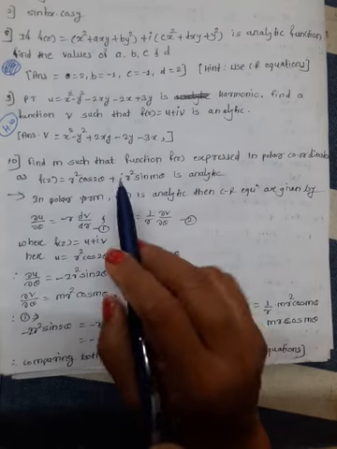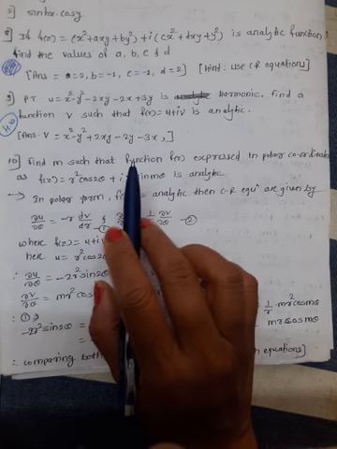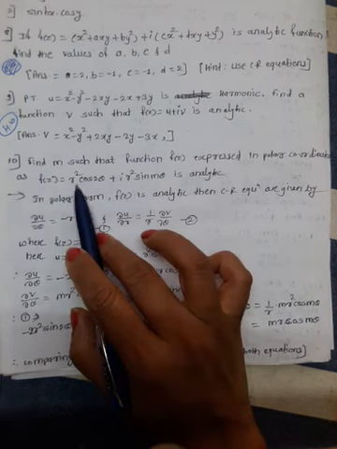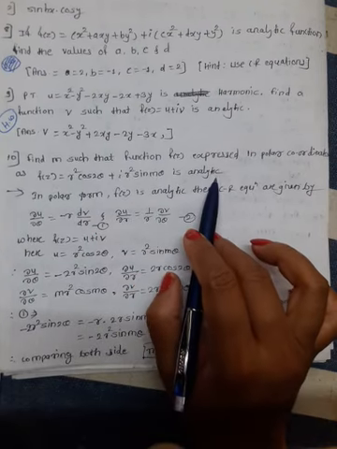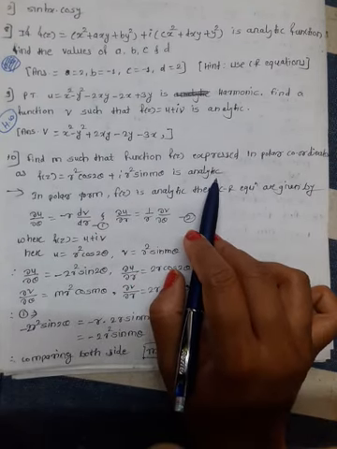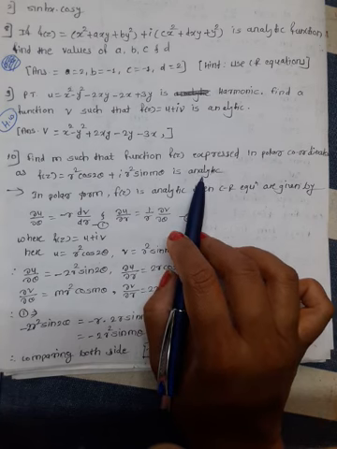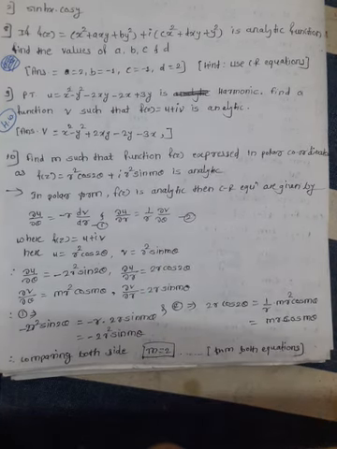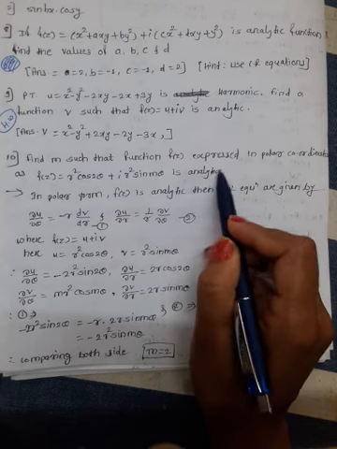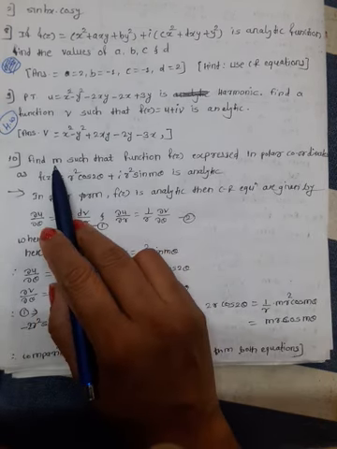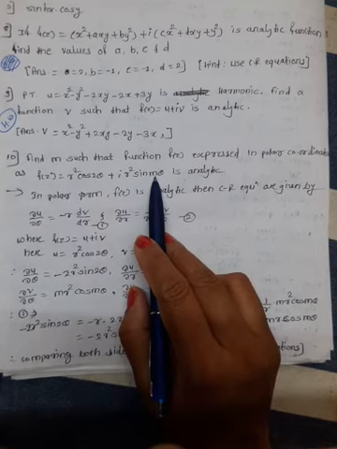That means we have to use the polar form of the CR equations, and it is given that f(z) is analytic. If f(z) is analytic, then and only then we can use CR equations. We have to find small m, which is present over here.